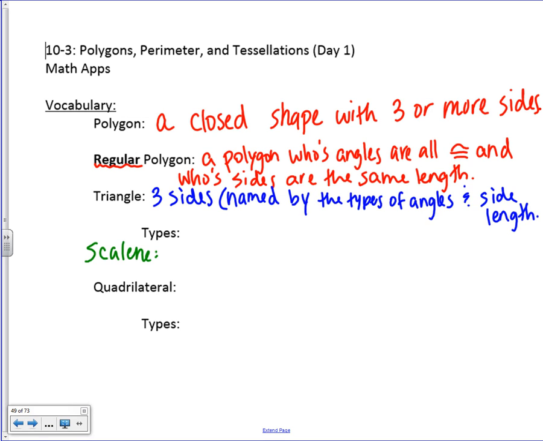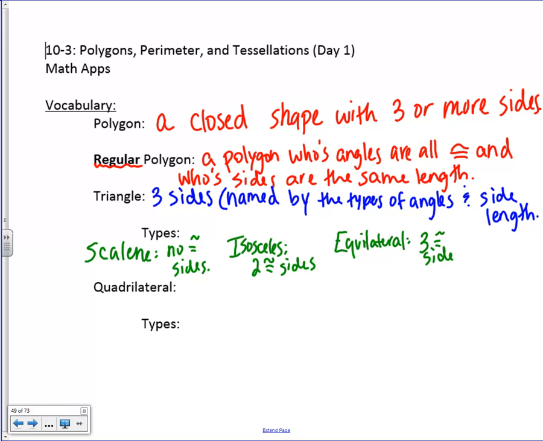And this means there are no congruent sides. Okay. Next, we have an isosceles triangle. And this has 2 congruent sides. And finally, we have an equilateral triangle. An equilateral has 3 congruent sides.